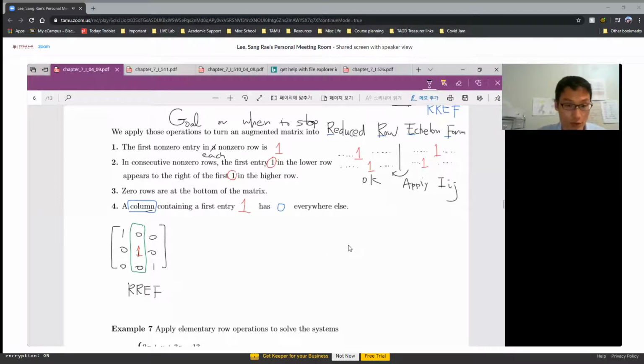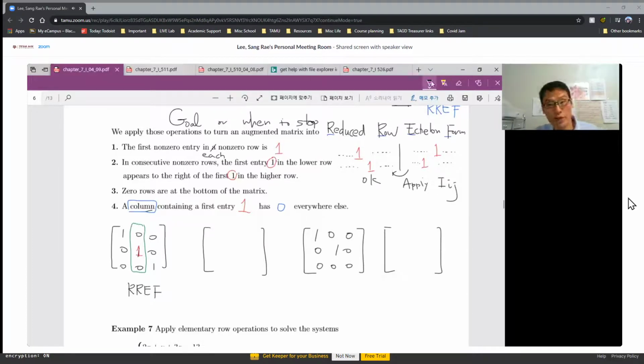So for example, I'm going to put 3 more matrices like this. Let me use the middle one. Our result will be something like this. Do you think it's RREF?